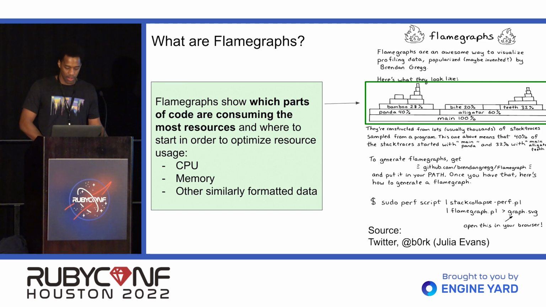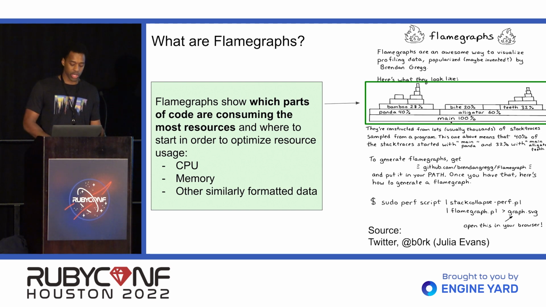For those who aren't familiar, basically you start with an application and some sort of metric. In this case, we don't know what the metric is, but on the base where you see main, that represents 100% of the time that this application was running.